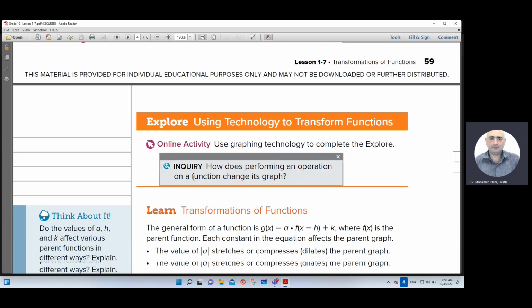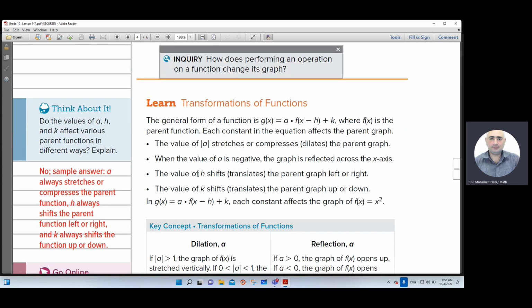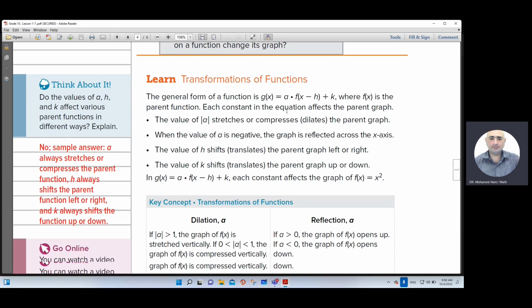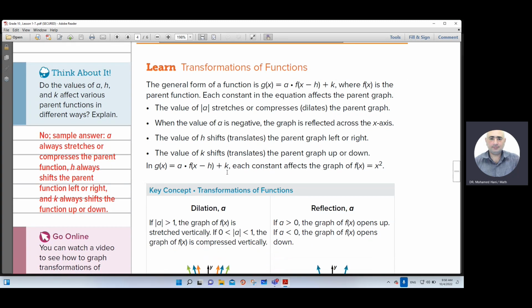Then I think we stopped here in transformation of functions. We have some rules in general. The general form of a function is g(x) equals a multiplied by f(x minus h) plus k. a means the dilation, and h and k mean the location of x and y of the extremum, minimum or maximum.